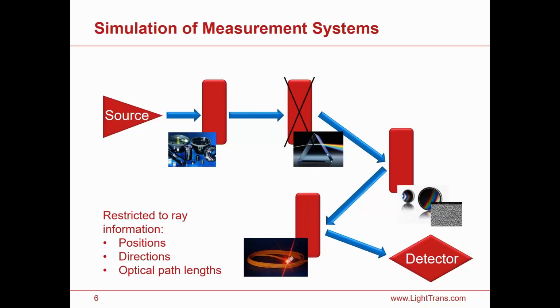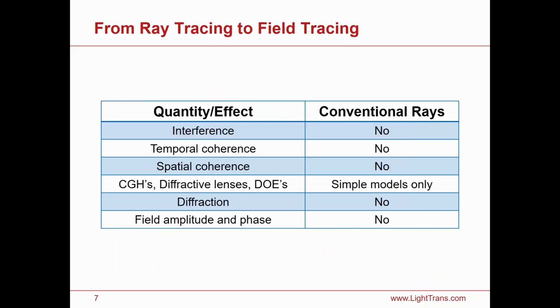So we have problems if we want to simulate, for example, coherence effects or diffractional effects, as well as interference, which we need for the simulation of our interferometer measurement systems.